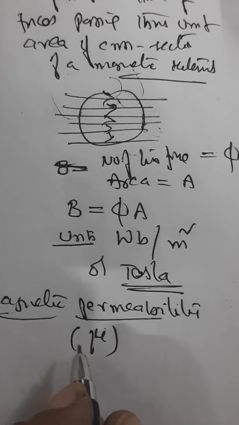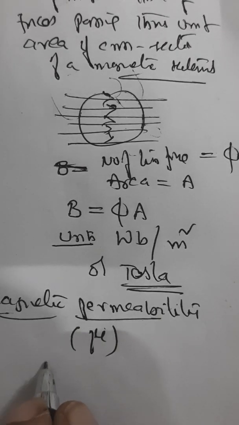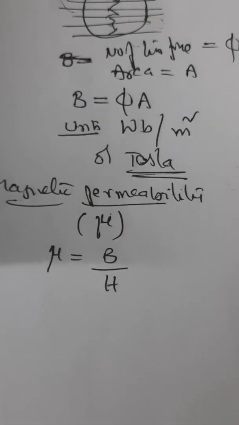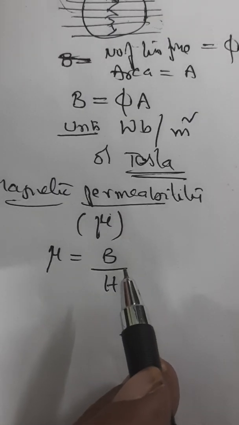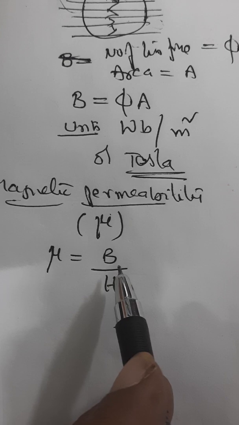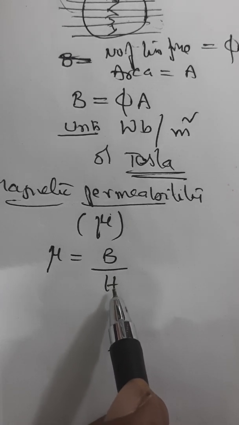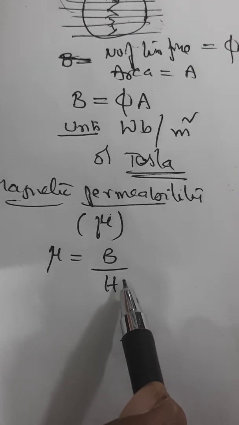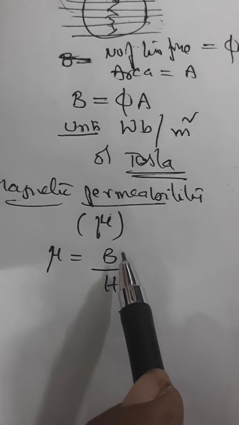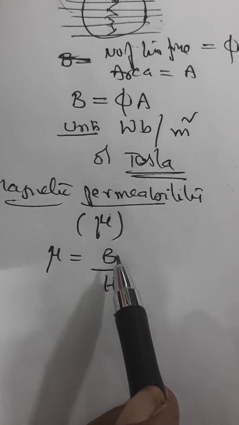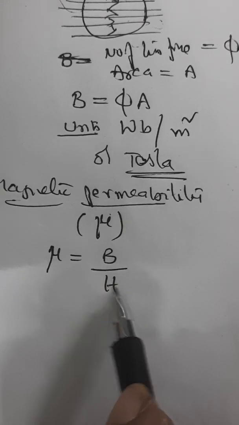If you want to define it as a ratio, mu is equal to B by H. What is B? Magnetic flux density or magnetic induction field strength in the material. And what is H? Magnetic field intensity. So permeability is the ratio between magnetic flux density and magnetic field intensity.